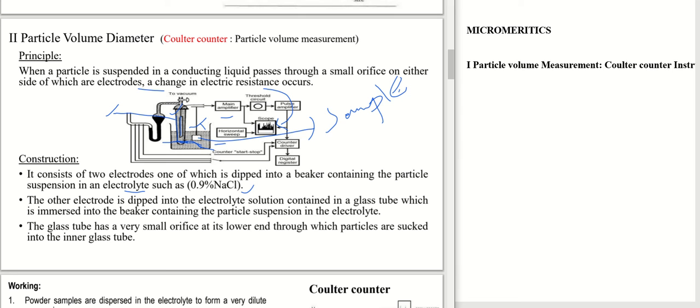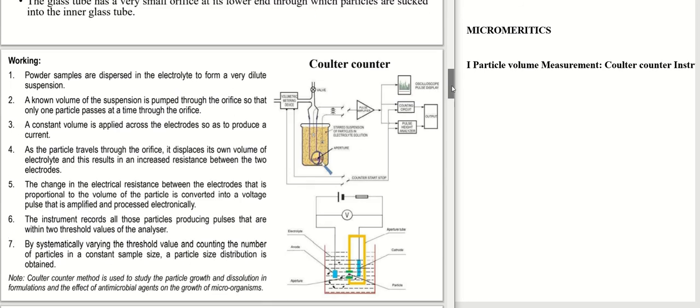This is the whole setup. Now let's see how this equipment is used to determine the particle characteristics.